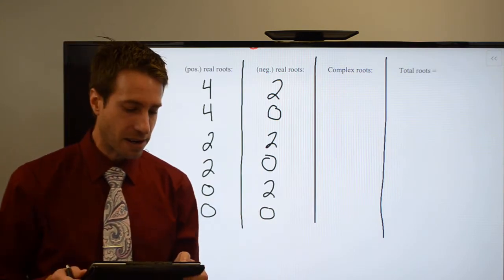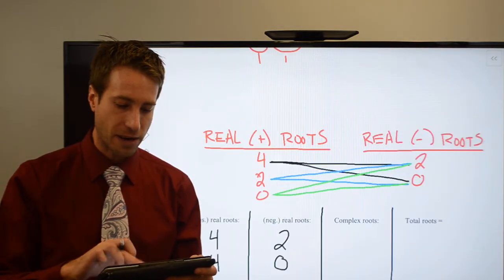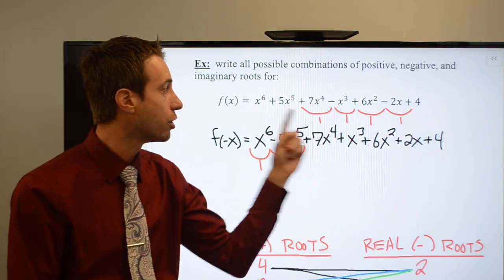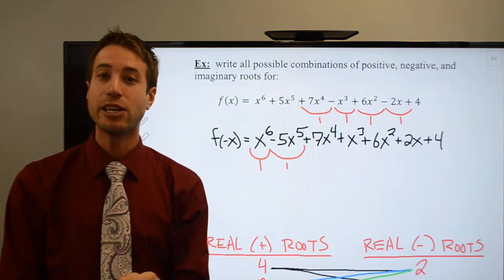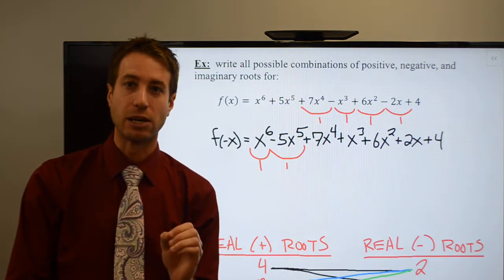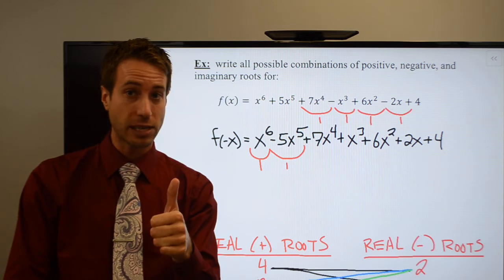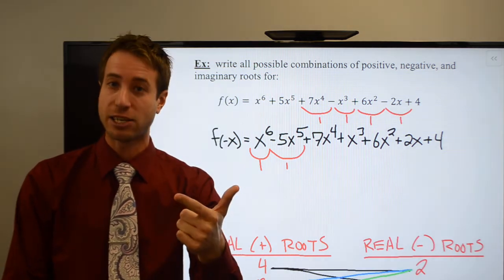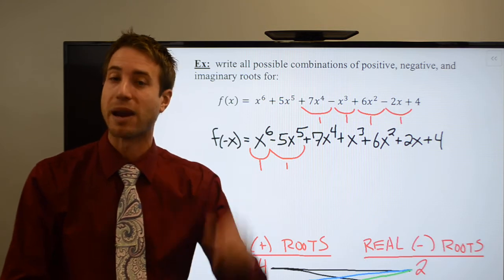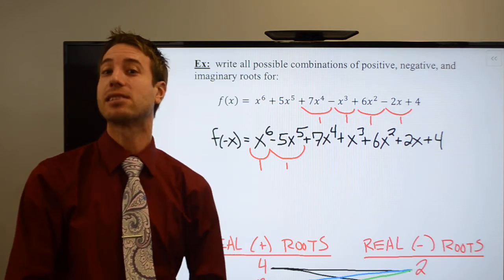We know from the fundamental theorem of algebra, you ready? Fundamental theorem of algebra tells me that because the degree of the polynomial is 6, I know that I must have 6 zeros. Those zeros could be real zeros, or they could be imaginary, or some combination of the two, but I must have 6 zeros.